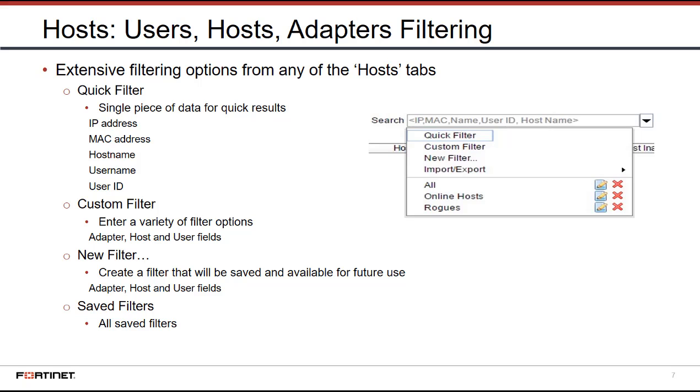A new filter is created exactly in the same manner as a custom filter. In the new filter, you supply a name before you actually create the filter, and that will also be saved. Filters that have been created can be imported or exported for distributed environments. And at the bottom part of the dropdown, we're going to have all the previously created and saved filters. There are some there by default.